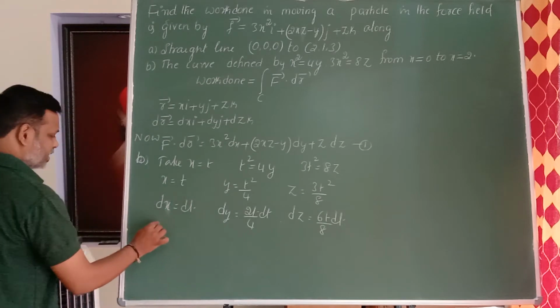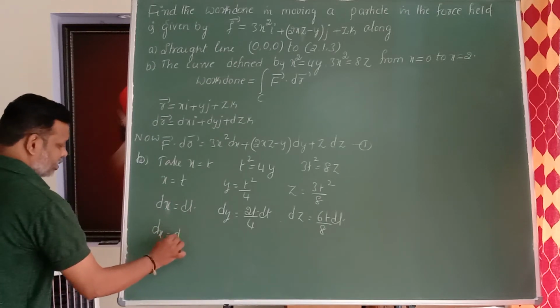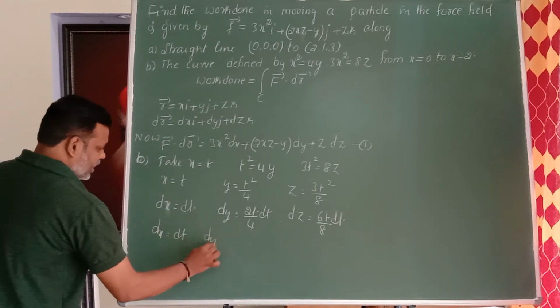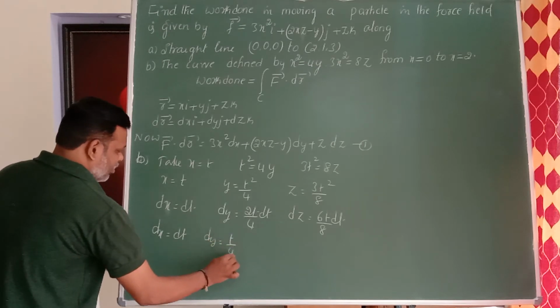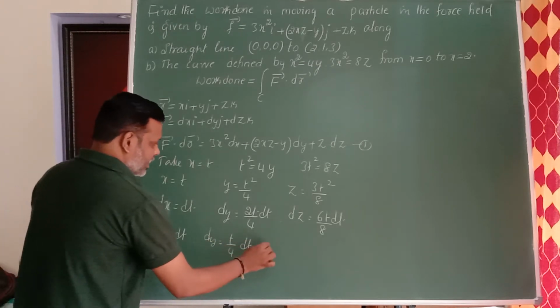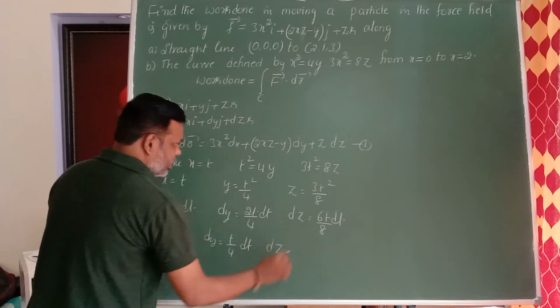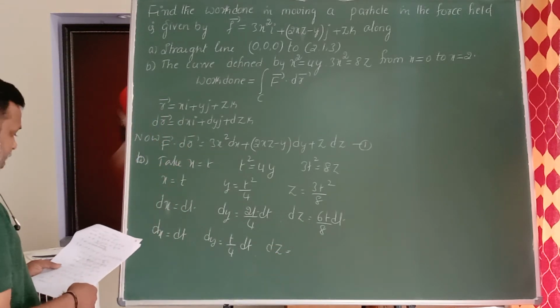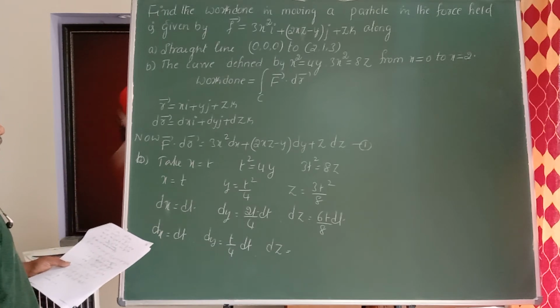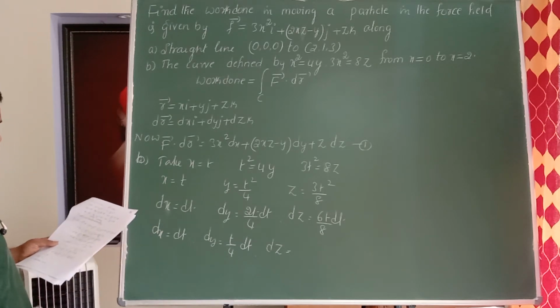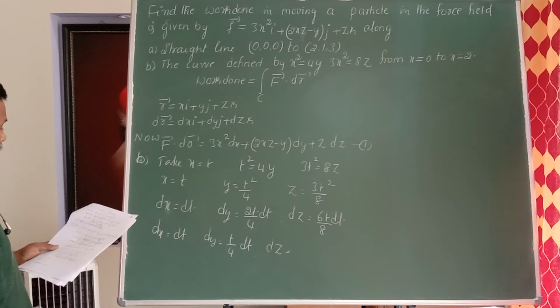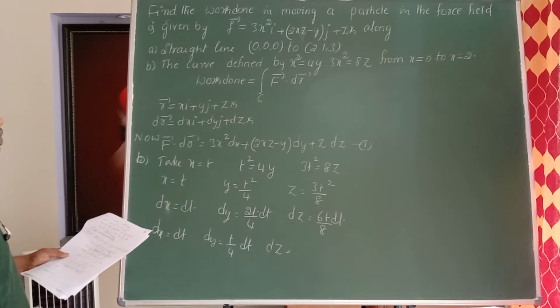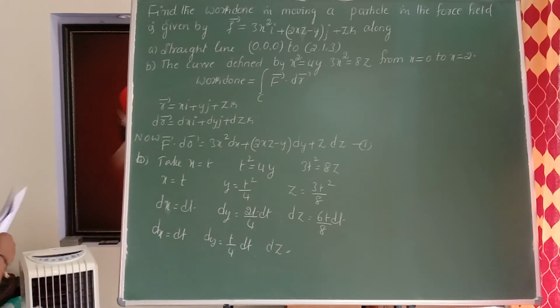We can simplify that. dx is equal to dt, dy is equal to t by 2 into dt, and dz is equal to 3 by 4. So nothing but 3t square. This is what? Cube, right?